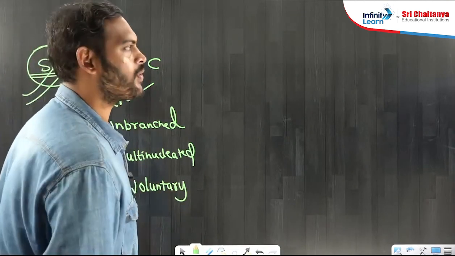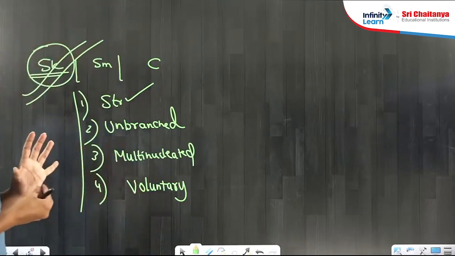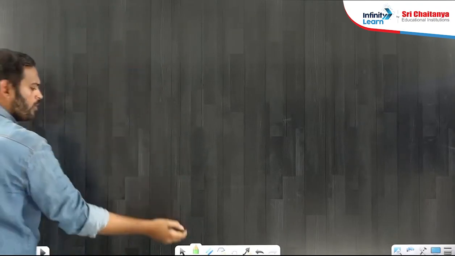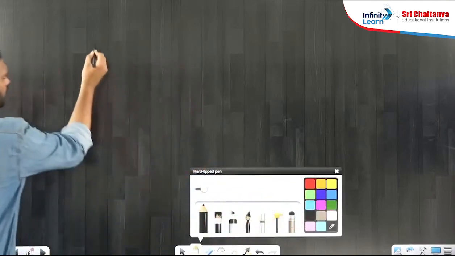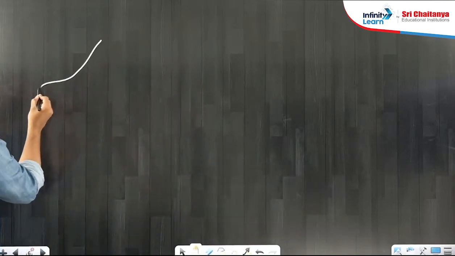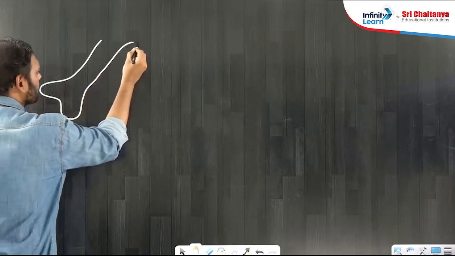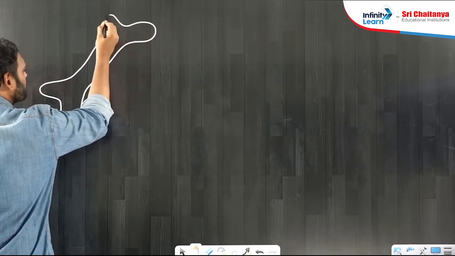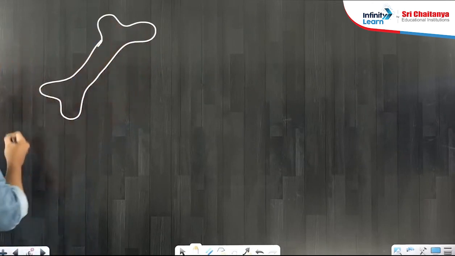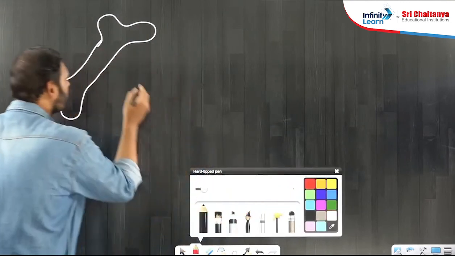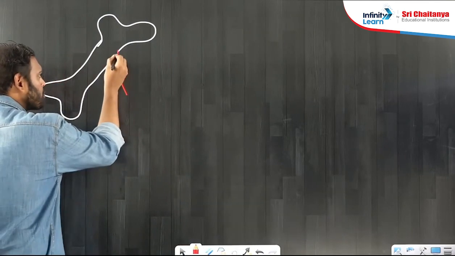See, correct. So if we zoom a muscle tissue, see, here is a bone. A very, very famous picture we see in Tom and Jerry or any cartoon shows. A dog will be there which is always chasing this bone, right? A very simple bone. And this bone has a tissue attached to it like this.